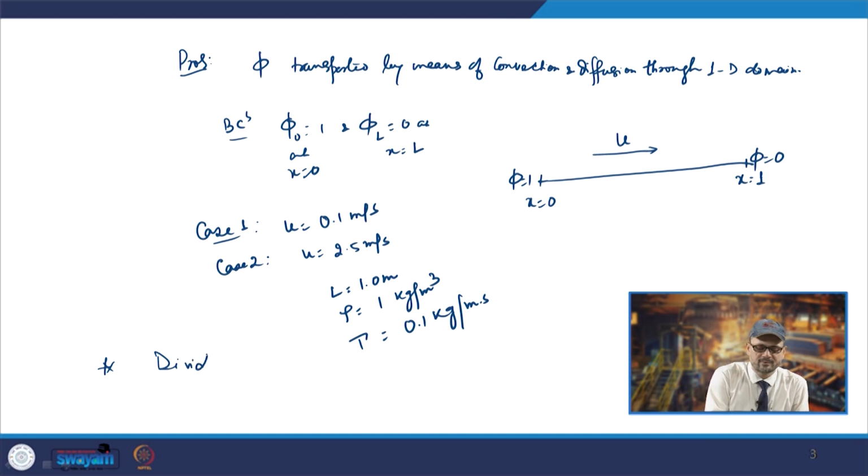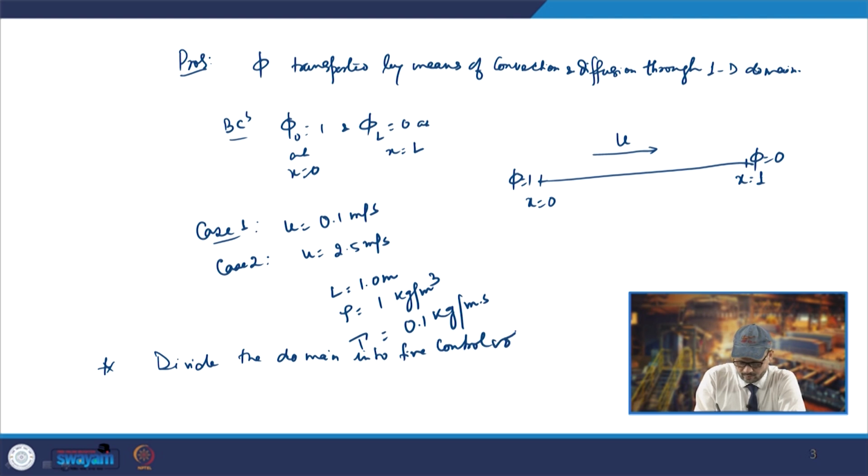The length is 1 meter, so in that case delta x becomes 1 by 5, that is 0.2 meter.